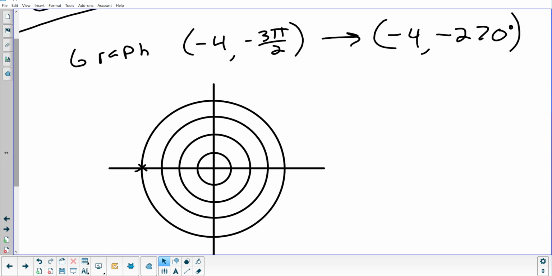And Bailey, what do I do from there? Move clockwise. How much? -270. Go clockwise 270 degrees. And Jake, where's that going to put me if I go clockwise 270 from there?